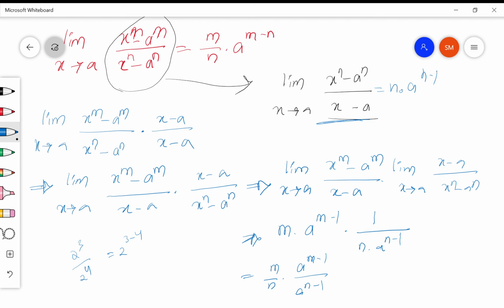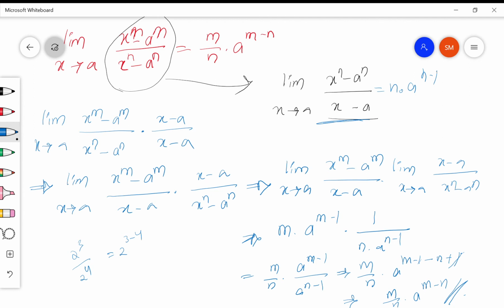Similarly here I will write m by n into a to the power of m minus 1 minus n plus 1. Minus of minus will become plus, so 1 and 1 get cancelled and it becomes m by n into a to the power of m minus n. So you got your result, right?